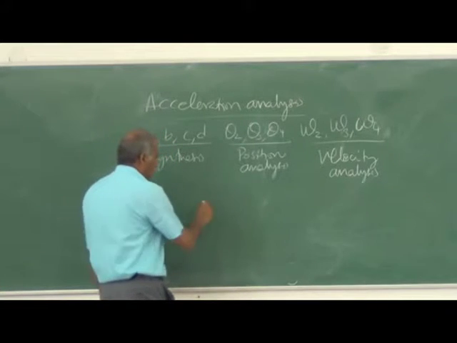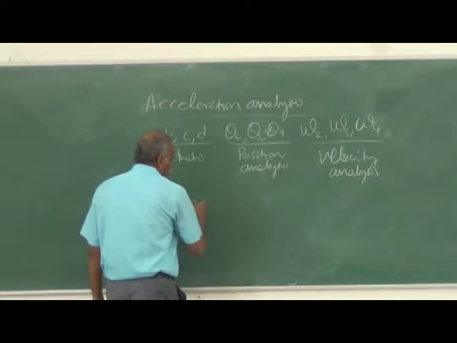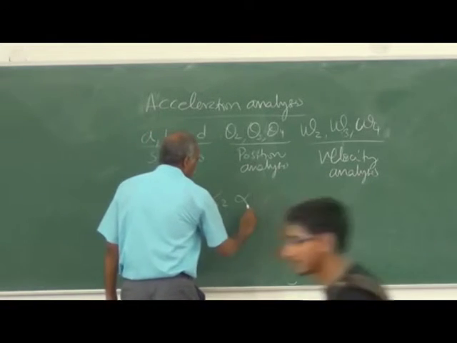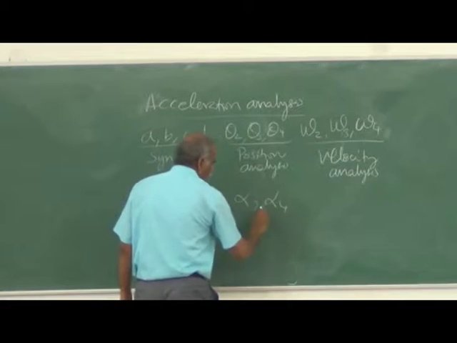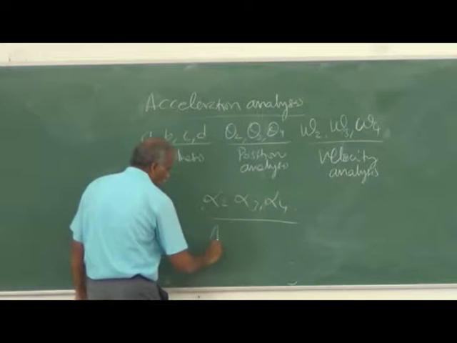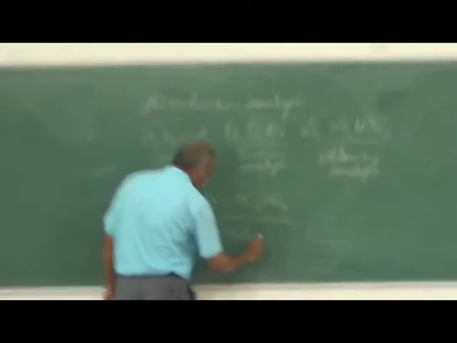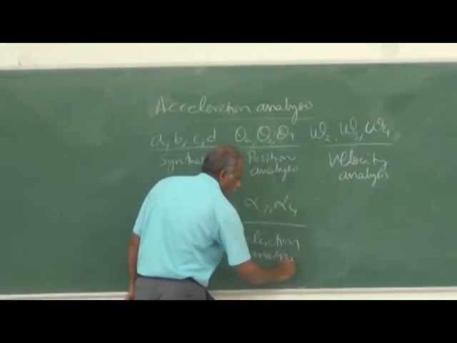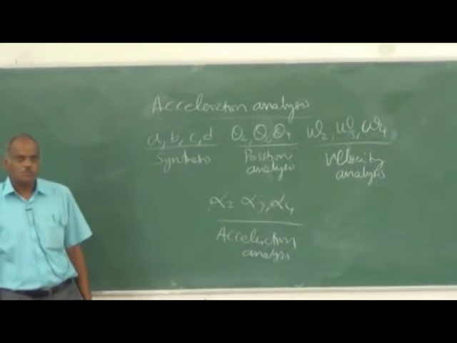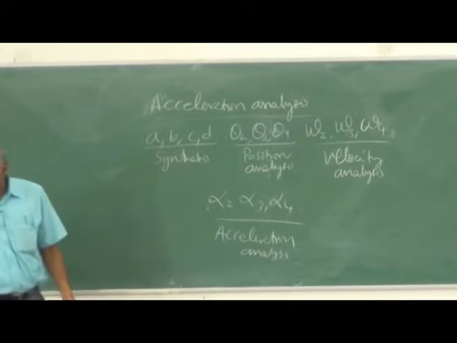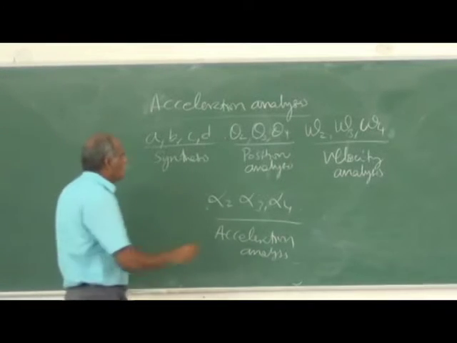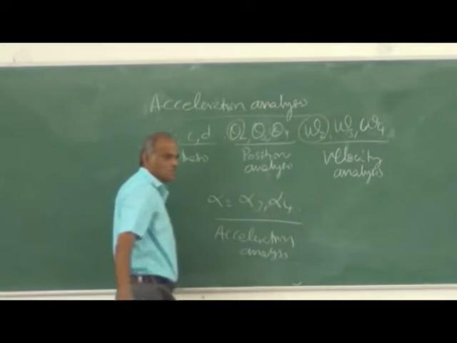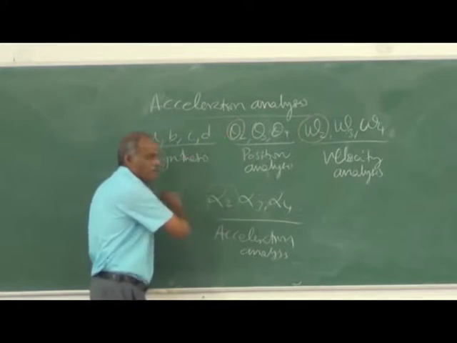Then given alpha 2, finding alpha 3 and alpha 4. This is what you will get from acceleration analysis. So theta 2 is given, omega 2 is given, in this case alpha 2 is given.